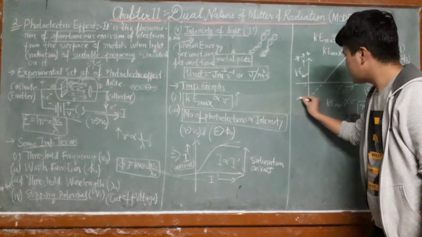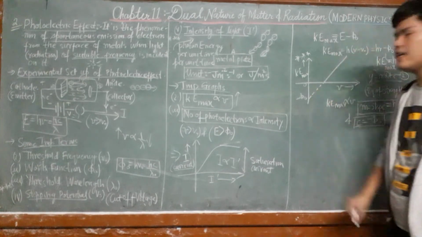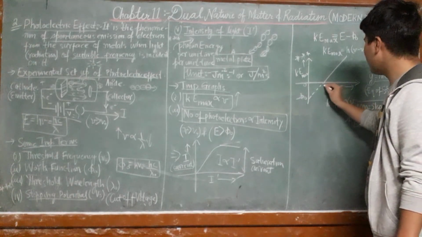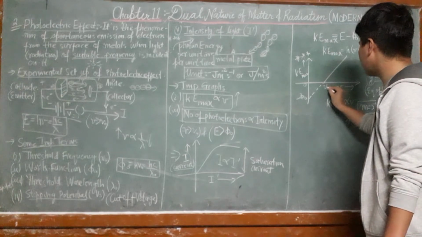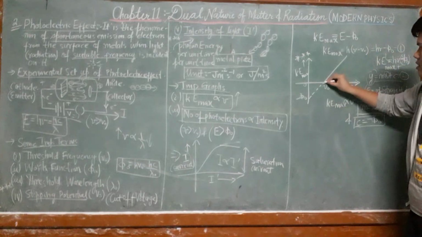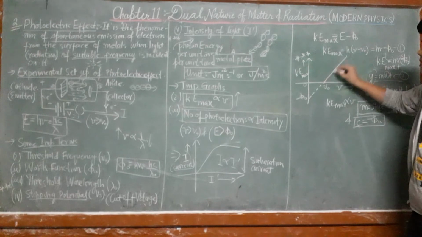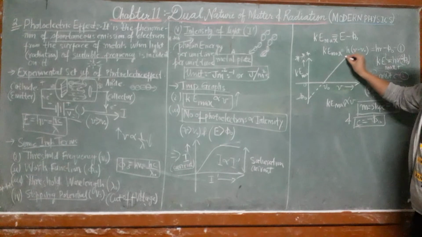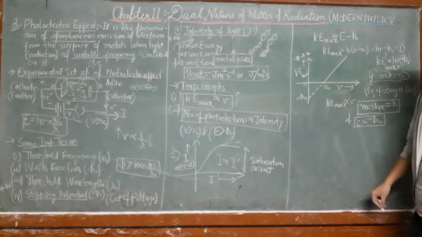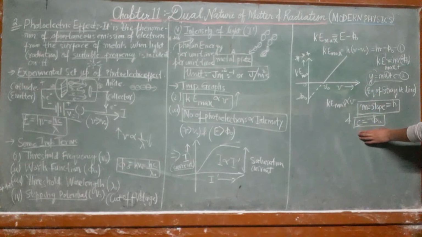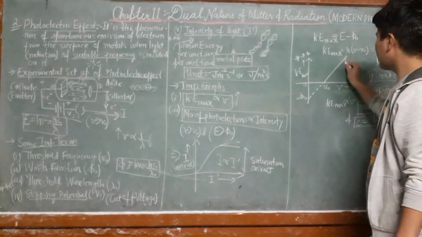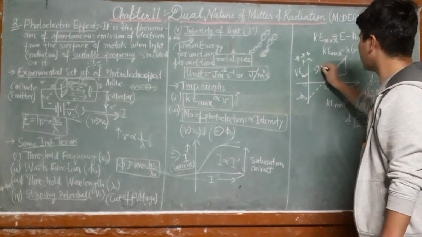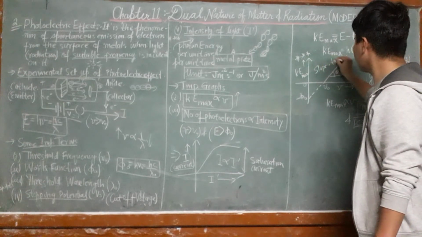The point on the frequency axis is the threshold frequency, because below the threshold frequency there is no photoelectric effect, so that part of the line is imaginary. On this side there is photoelectric effect. The graph makes an angle theta, and the slope is tan theta.